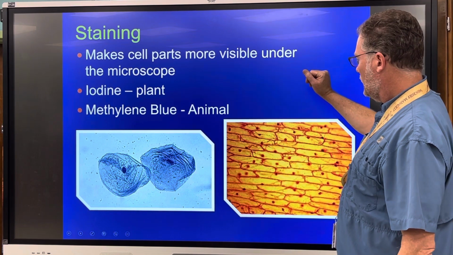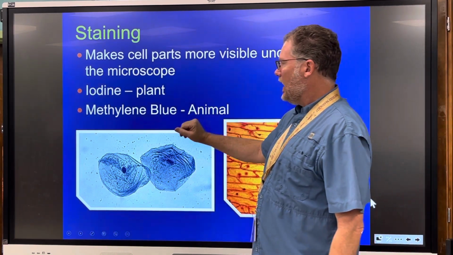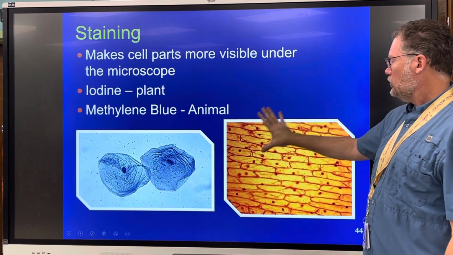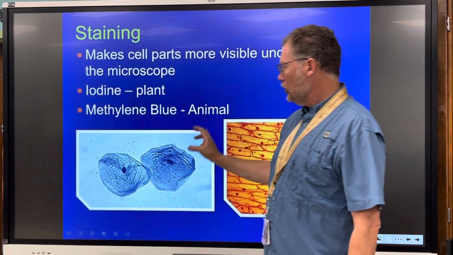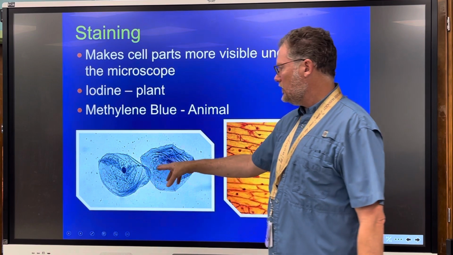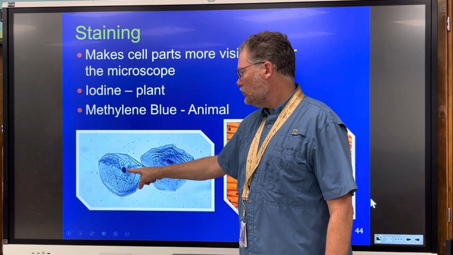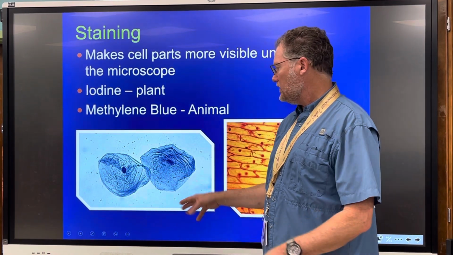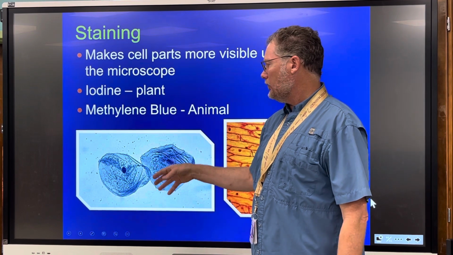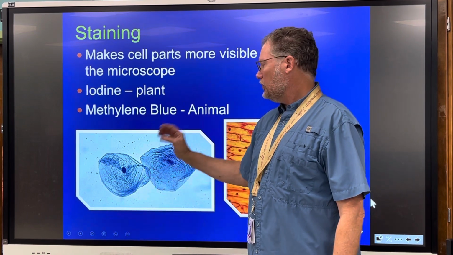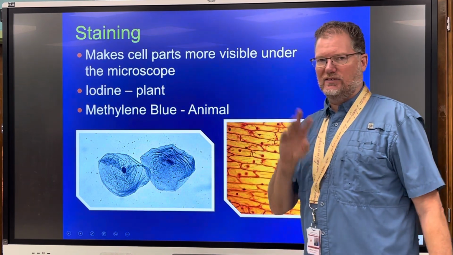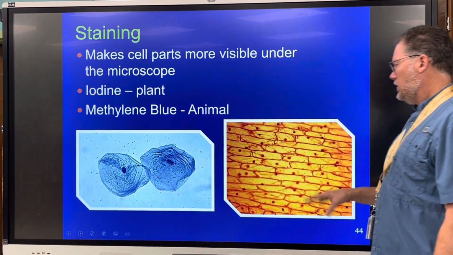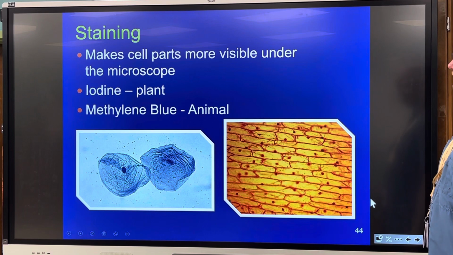So iodine is used in plants, and that's why it makes it this yellowish color. And methylene blue is used in animal cells, and these are cheek cells, and you won't be able to see anything except maybe the lining of it, like the cell membrane. But once you dye it, you can see the nucleus stands out bright and bold. Same with the plant cells.